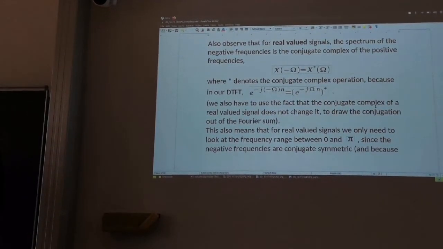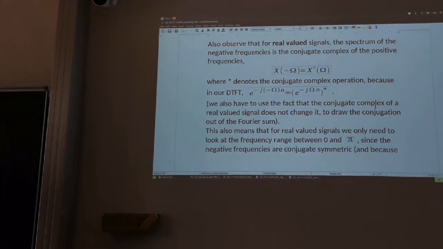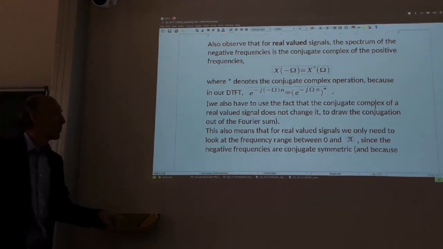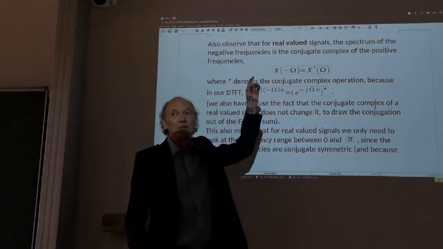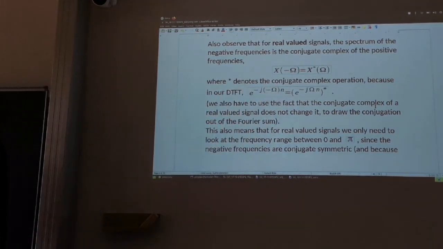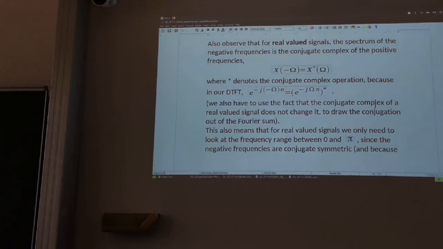If you use, for instance, direct conversion receivers, usually you have complex valued signals, and then this property does not hold anymore. Then positive and negative frequencies are really different. So keep that in mind.